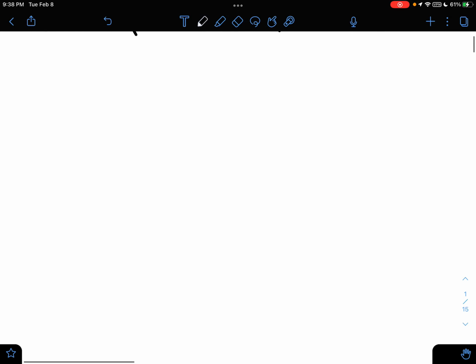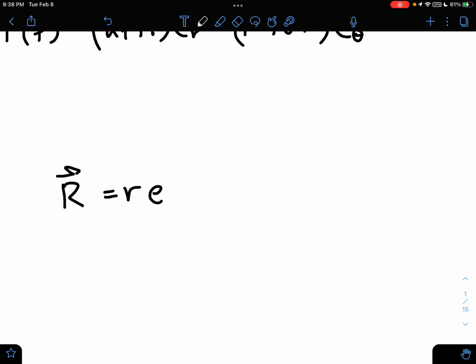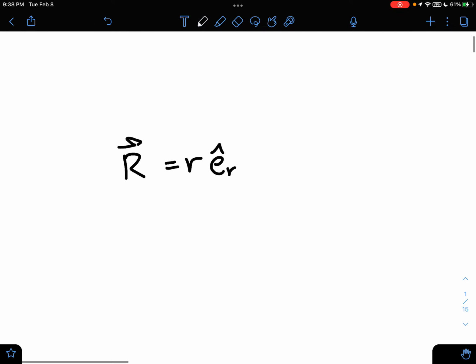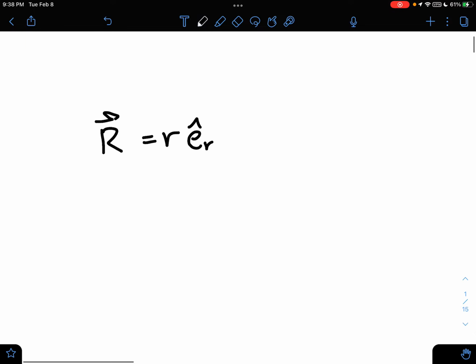So what we were talking about a bit in recitation is, if we have some vector, let's call this vector p again. Actually, no, we'll use a different one. We'll use a capital R. Here's our R vector, is some magnitude of R in the e hat r direction.